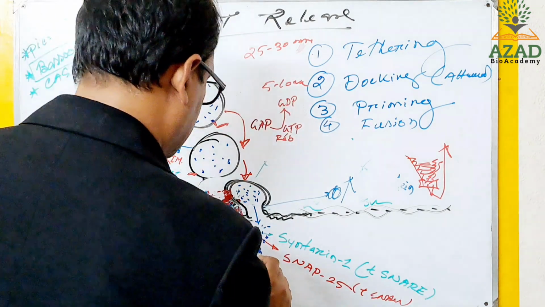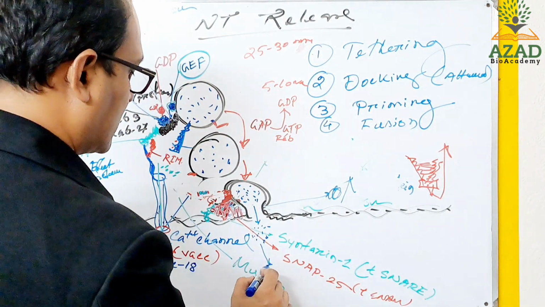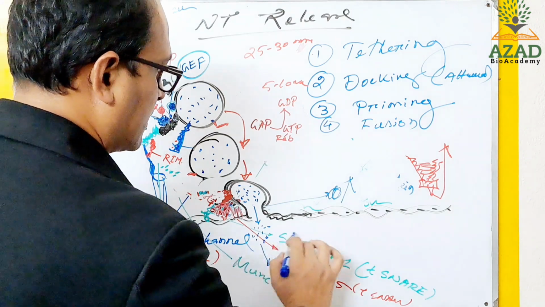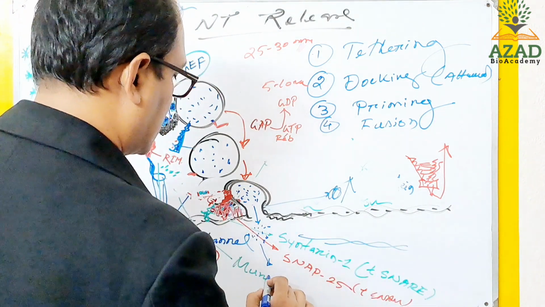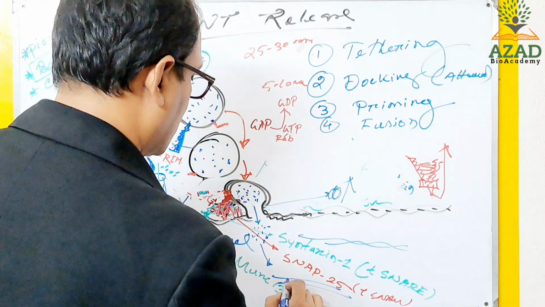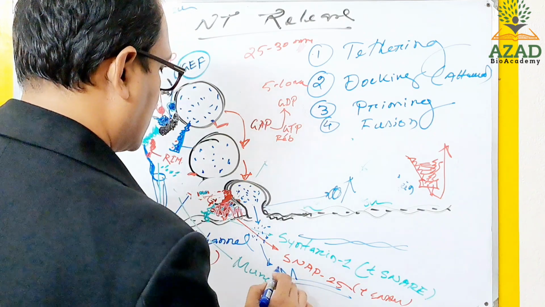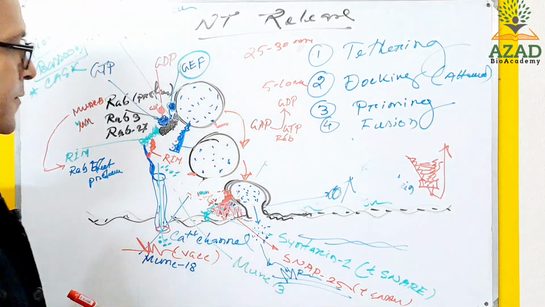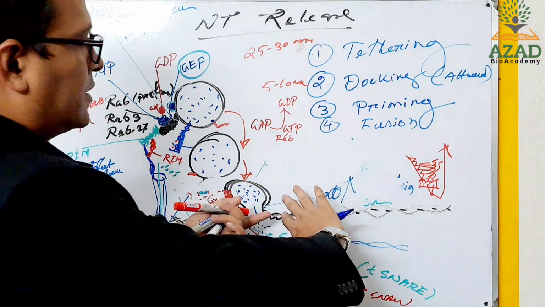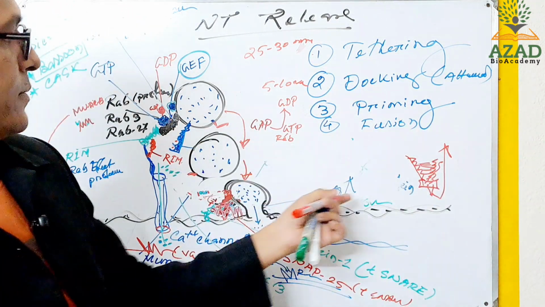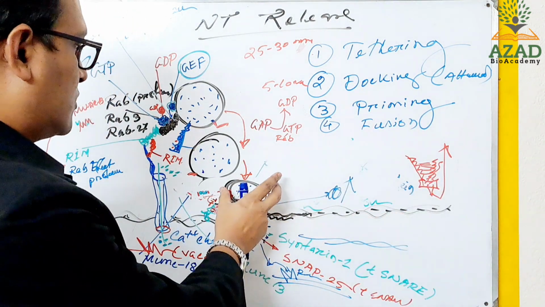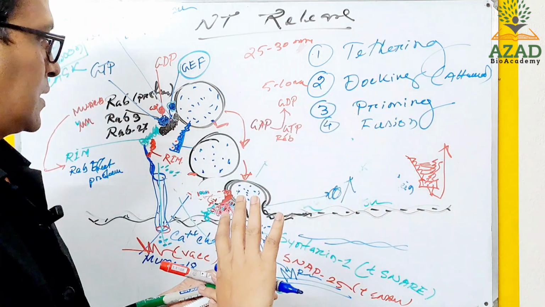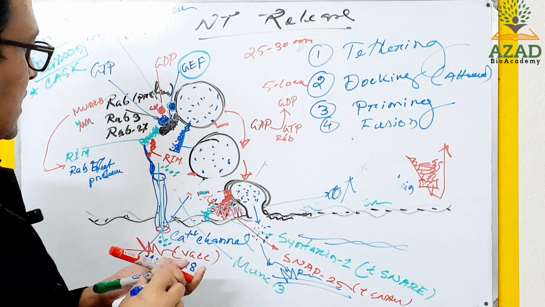Okay, and this neurotransmitter then finally stays in the synaptic cleft, and it will bind with the postsynaptic membrane receptor. Okay, and beside this is the periactive zone. Over there it will be recycling. I will not go there. So this is the fusion.